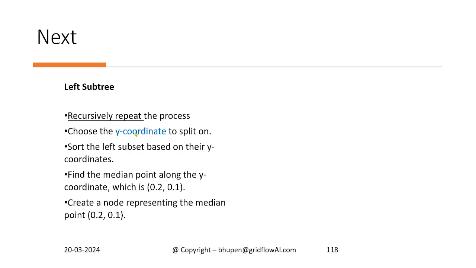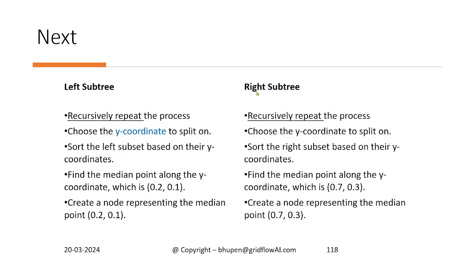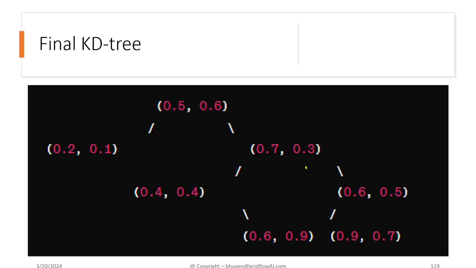This time we will choose the y coordinate, and then follow the same process. We will divide it into two parts, the left side and the right side. Same thing with the right subtree. We will look at the right subtree and choose the y coordinate now, because previously we looked at the x coordinate, now the other column. Based on that, we will repeat exactly the same process.